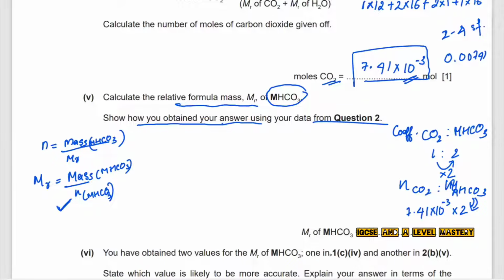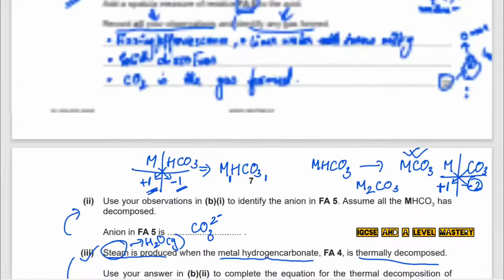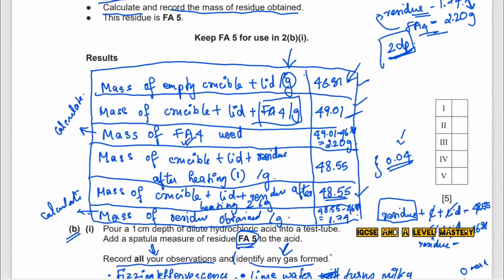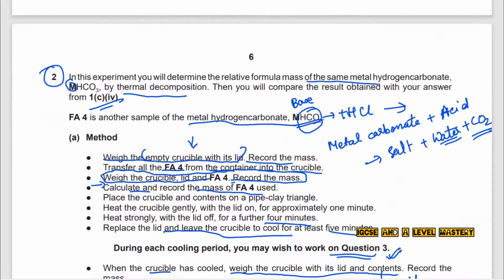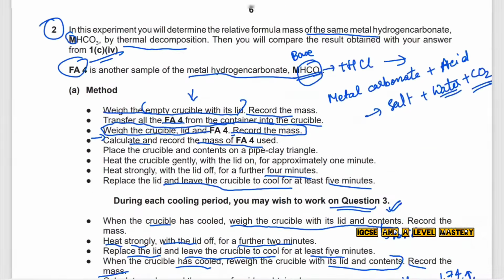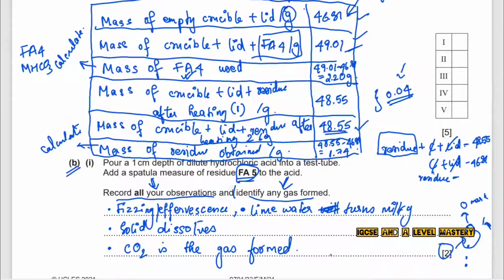And to know the mass of metal hydrogen carbonate, we will go back to the table and see the amount of FA4 used. FA4 is the metal hydrogen carbonate, which is clearly given in the question. When we do that, the mass turns out to be 2.20.